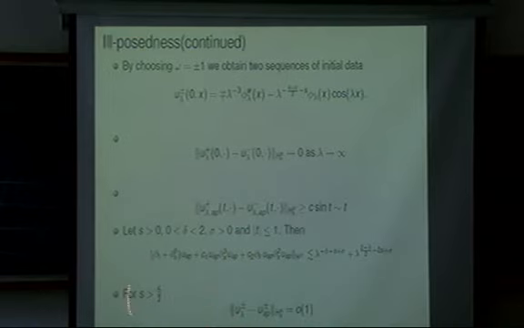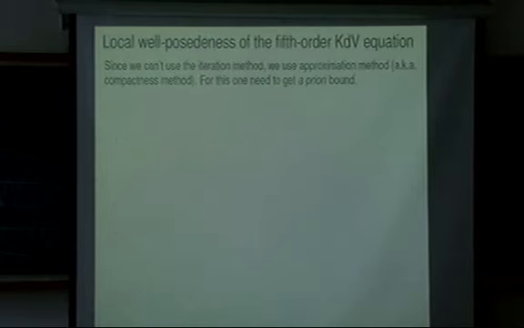Okay, so once we show the ill-posedness result, now we need to use the approximate method, also known as the compactness method, to show the local well-posedness.